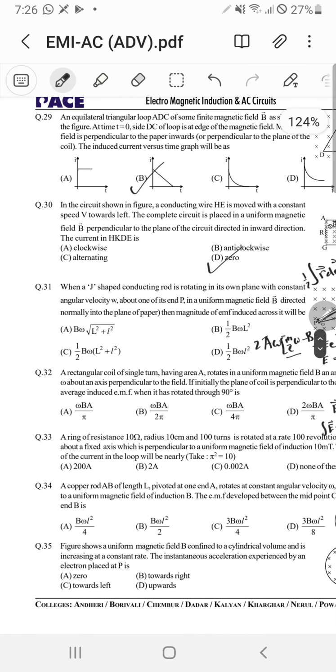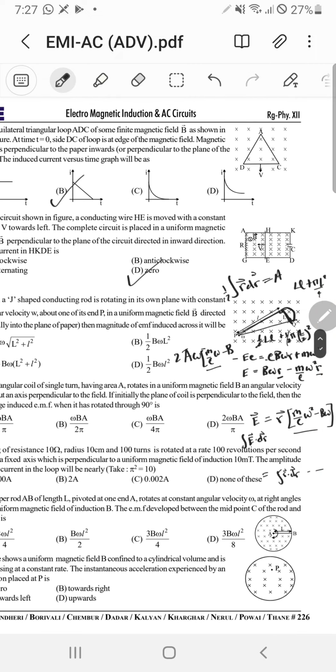Is it proportional to that? No, it's not. Why? Hmm. I don't think it should be any of these things.